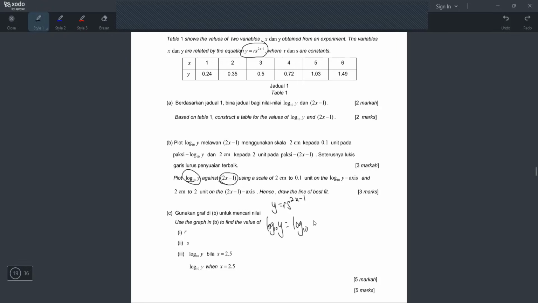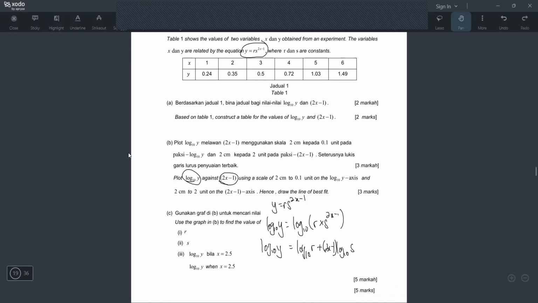Alright? Okay, so the other side will be R darab dengan S power 2x minus 1. This side will be log 10y, sudah sama dengan paksi y, but this one has to be simplified further. Single log times can separate, become separate log plus, so log 10r plus log 10s, and then the power 2x minus 1 can letak depan, like this, right? 2x minus 1.